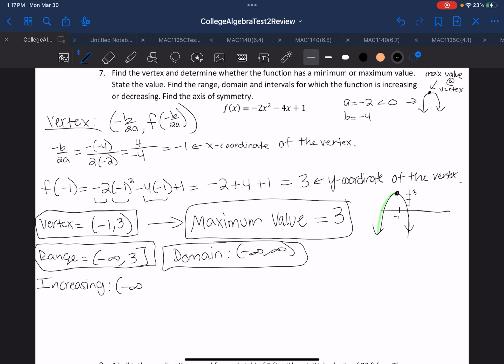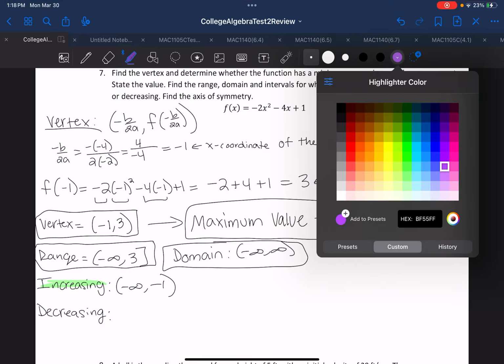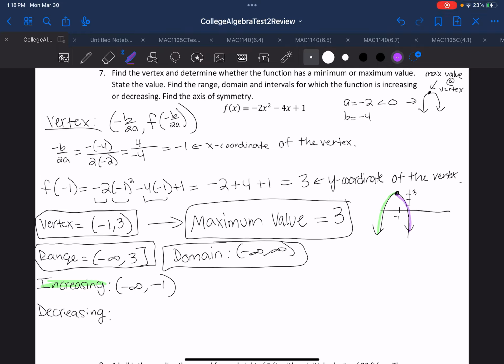So that would be from negative infinity to negative 1, both with parentheses. And then it's decreasing on the right side of the vertex, which starts at negative 1 and then goes to positive infinity.